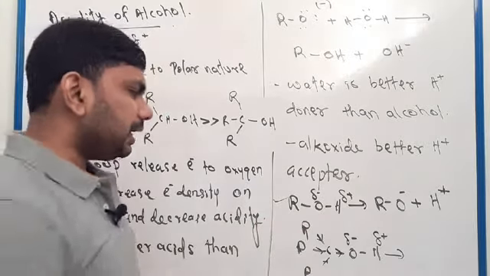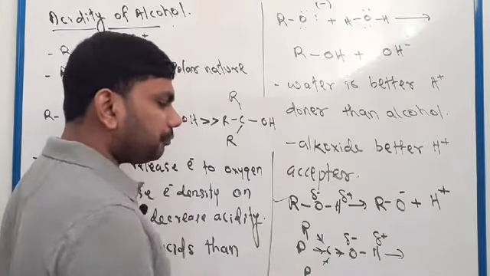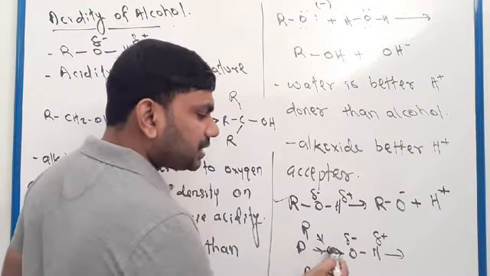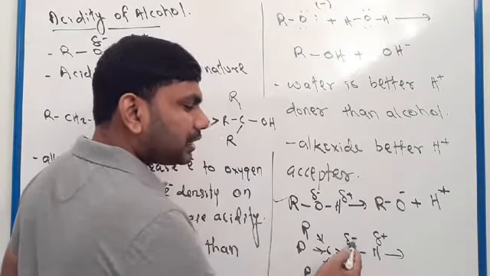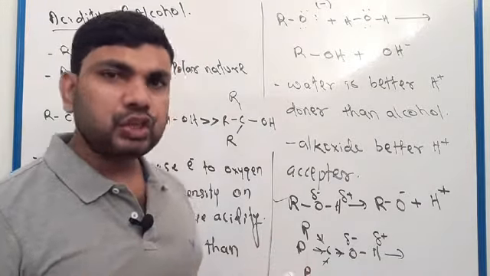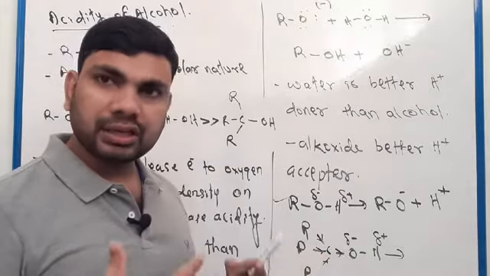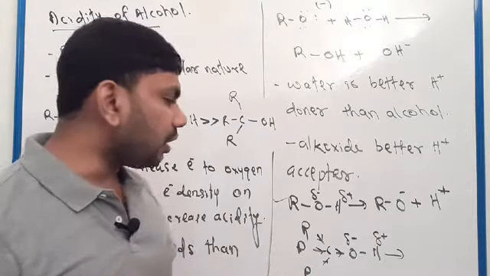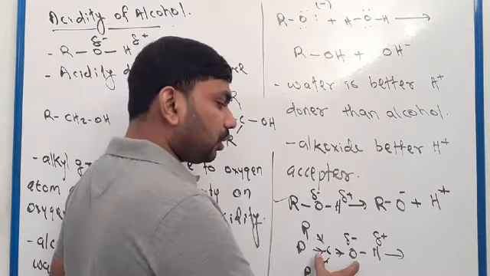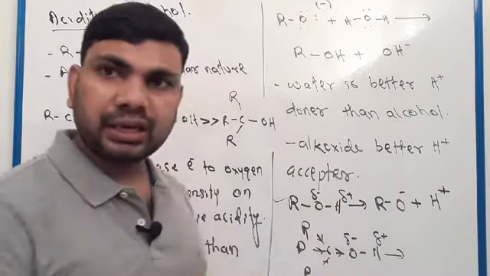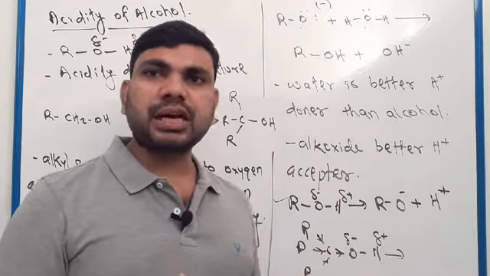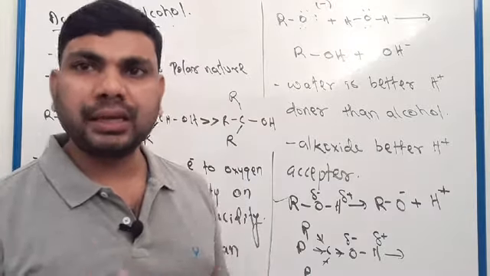But if there are more alkyl groups, we know alkyl groups have a +I effect and they release electrons to oxygen, and the intensity of negative charge on the oxygen atom increases. The bond strength between oxygen and hydrogen increases, there is less tendency to lose H+ ion, and acidity decreases.